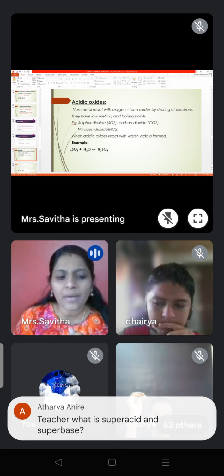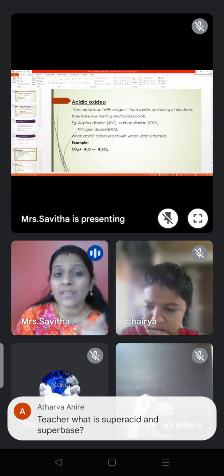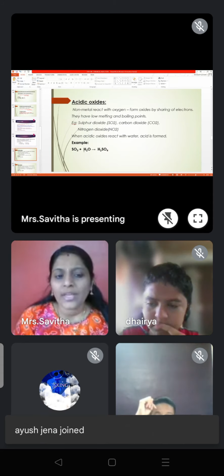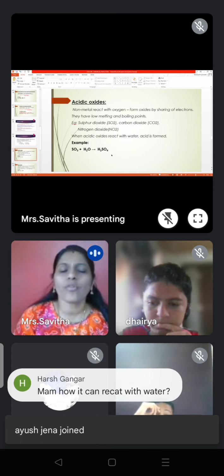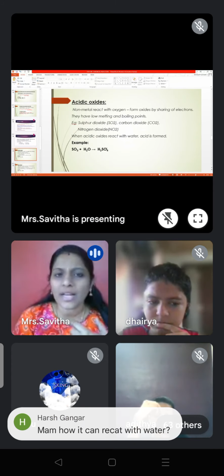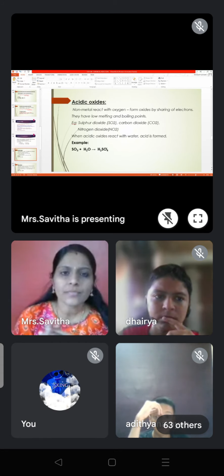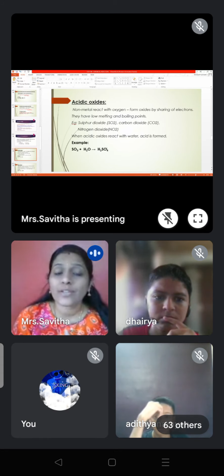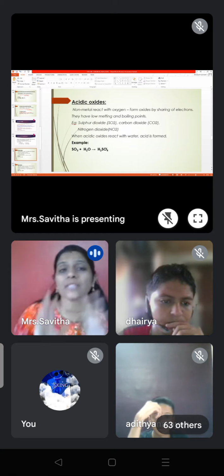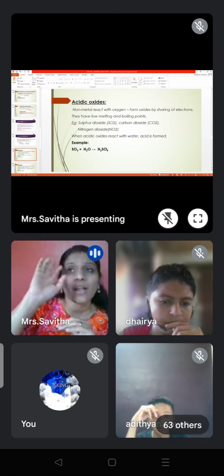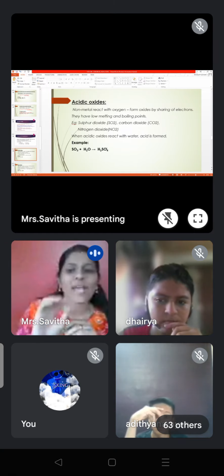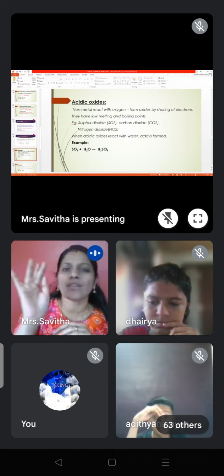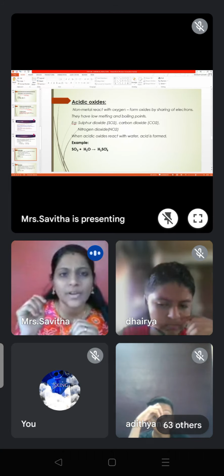If you see the example here, this is SO3, sulfur trioxide. If it reacts with water, it forms H2SO4. Last time in some class, they were asking about acid rain. It was D division. So there also what was discussed: acid rain means in the atmosphere there are gases, like carbon dioxide and sulfur dioxide. These all are gases present in the atmosphere, right?